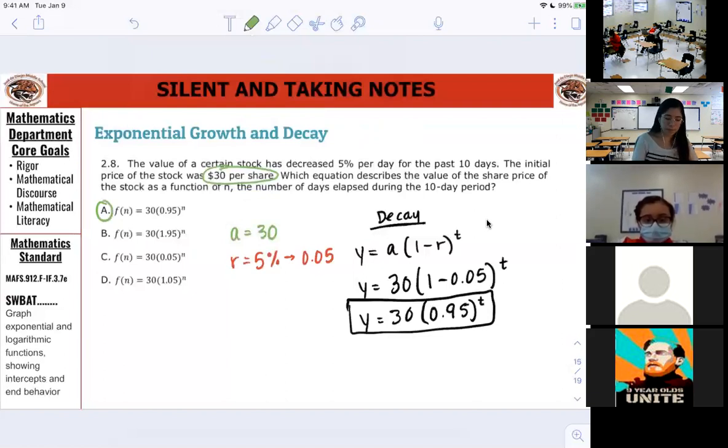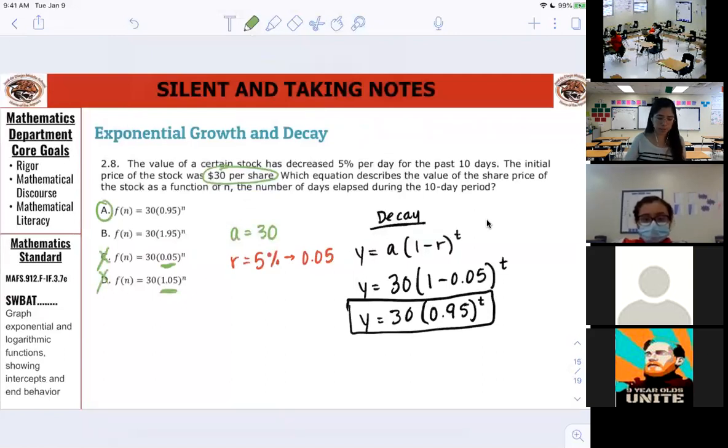C, because that's the rate. Yeah, C was trying to fool you because that was telling you, oh, you forgot to subtract it from 1. And then D, how is D trying to fool you? If you didn't read the decrease, or you didn't use the decay formula. Yeah, for D, whoever chose D might have added instead of subtracted.